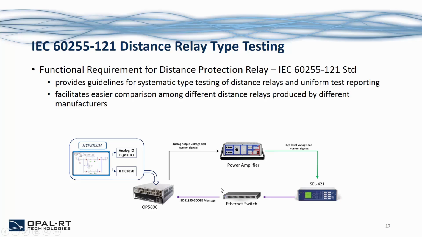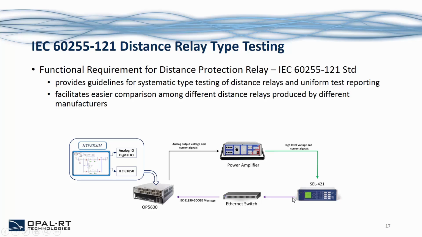The figure here shows a typical setup for a protective relay closed-loop testing. So the power system model will be simulated in HYPERSIM and running in real time on a real-time simulator. The simulator will send out analog signals through a power amplifier to the device under test.